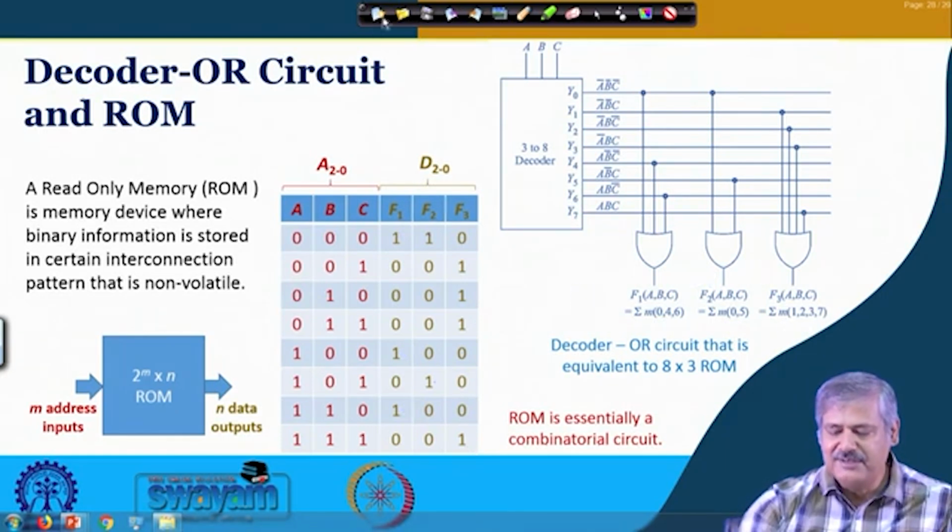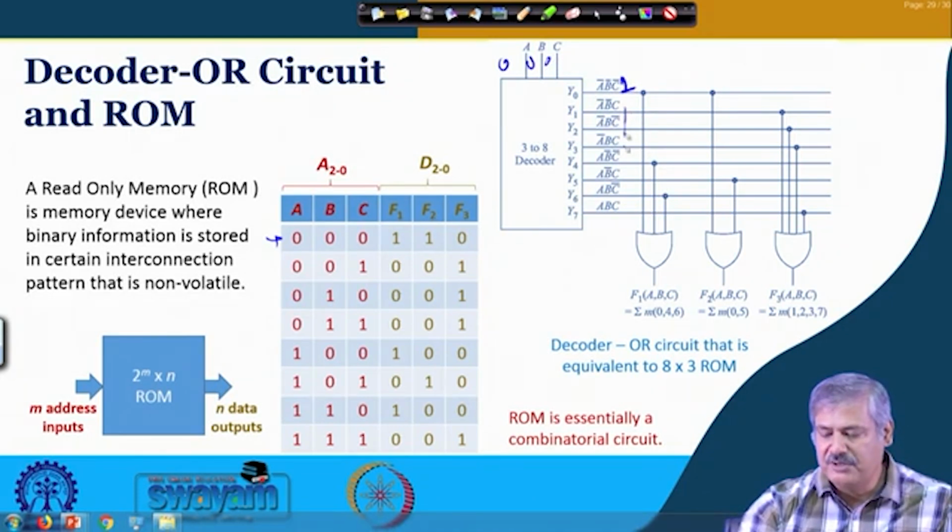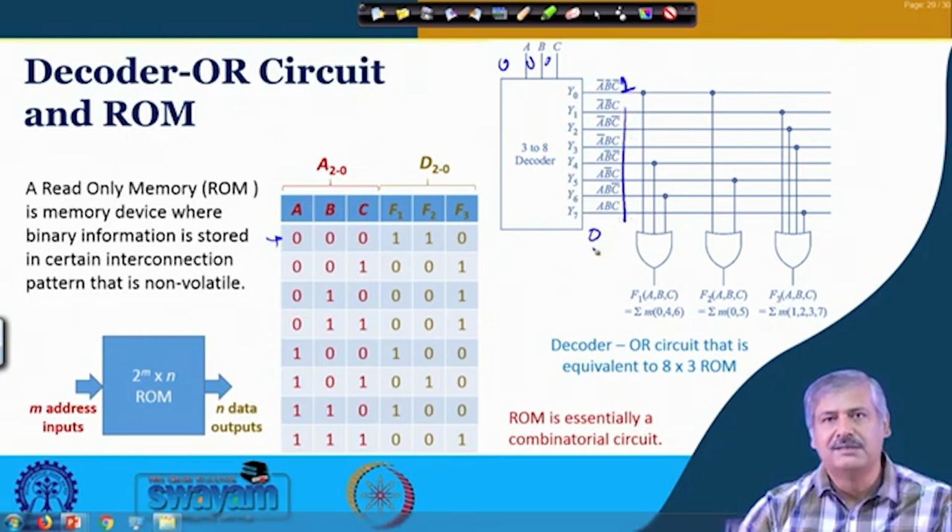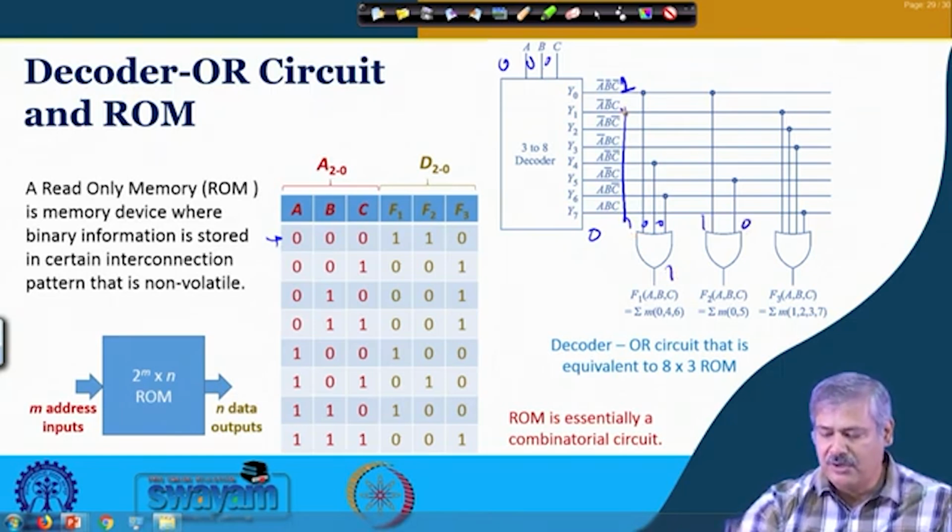And after that, what happens? If you are just invoking 0, 0, 0 over here, then this line will be high and the rest of the lines will be 0, all of them will be 0, right. So this line high means, okay, this is an OR gate with an input 1, 0, 0. So this output will be 1, this will be 1, and this is 0, because all these are 0 because of the decoder.